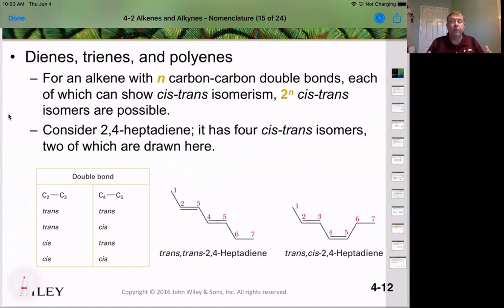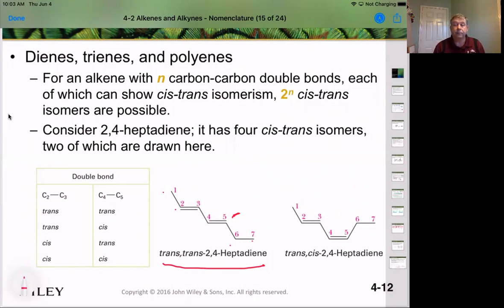So when we have this, we again want to number it such that the first alkene has the lowest number possible. So in the case of this material here, we are numbering it from this end because this would give us a 1, 2. If we numbered from the other end, this would give us a 3. So that would be higher than a 2, therefore we can't number it from that side, okay?